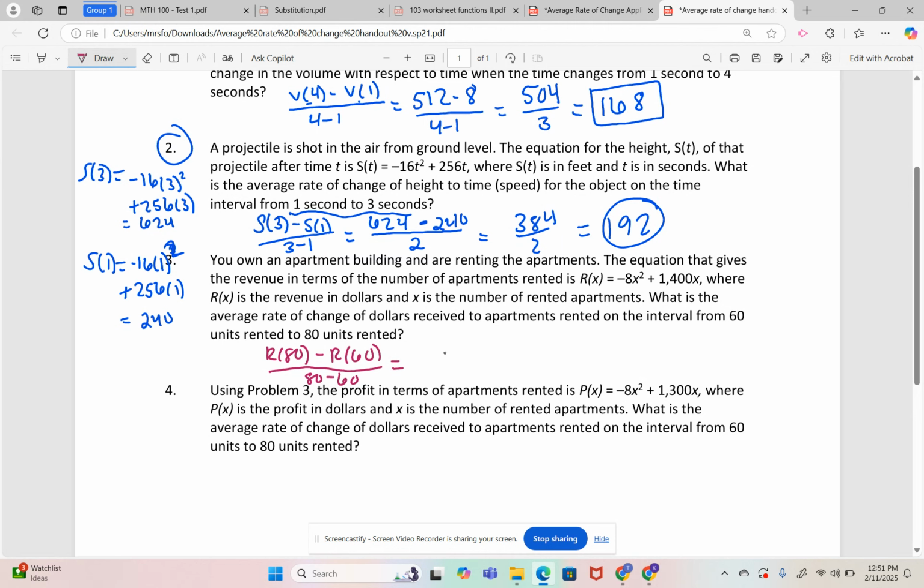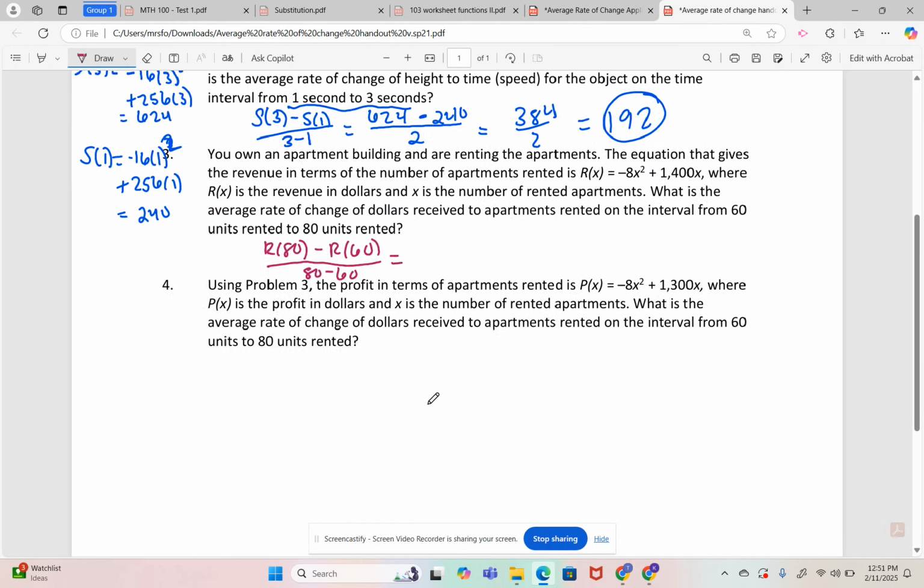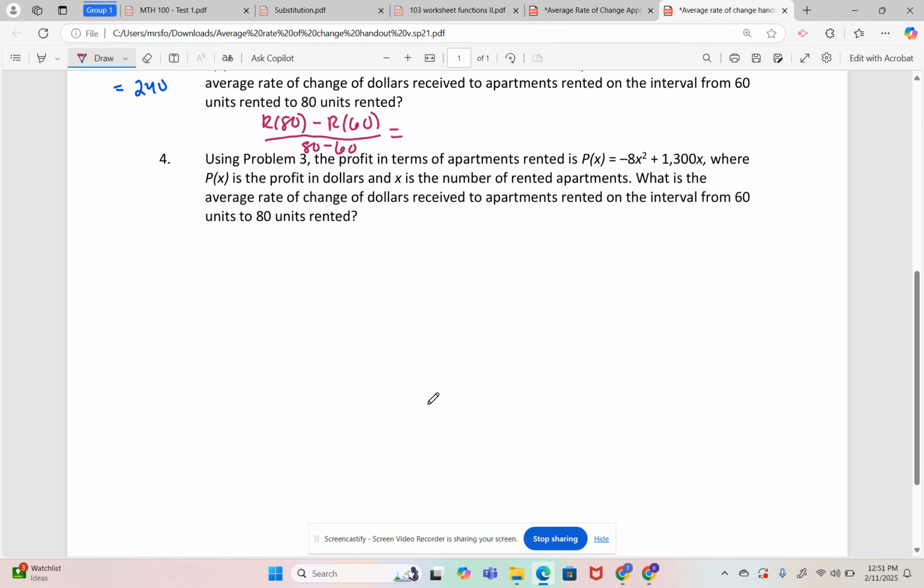So now to do that, I need to find, well, what is R of 80? So I'm going to come down here a little bit. So for number 3, R of 80. And then I want to find R of 60.